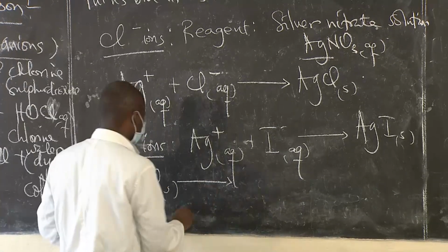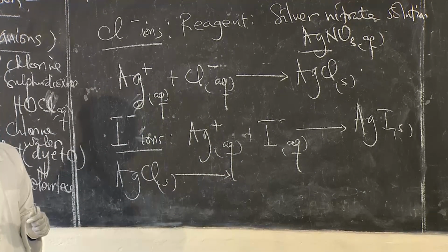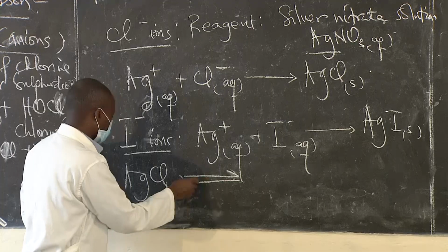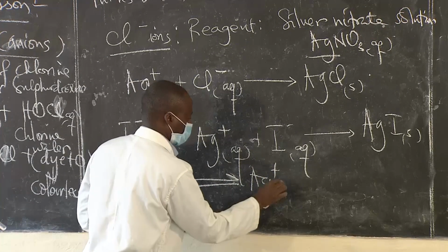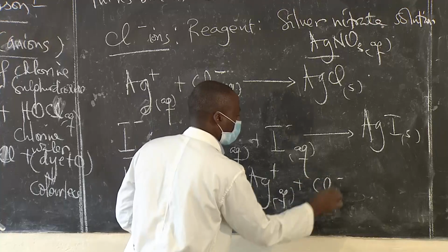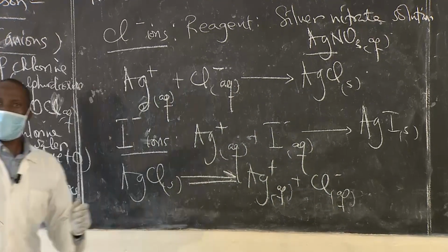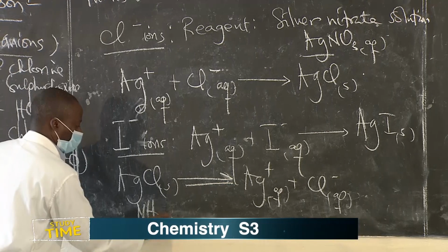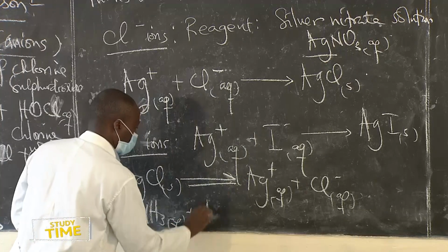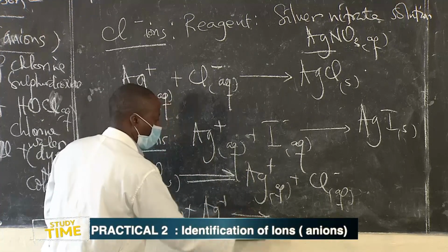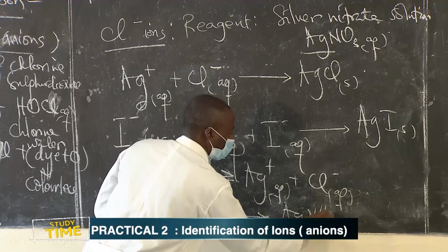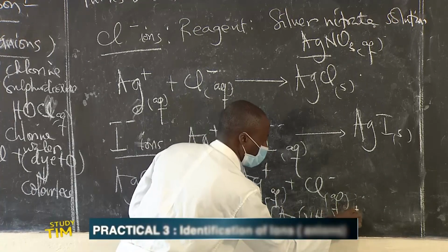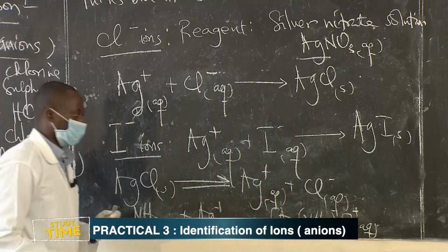Silver chloride is a very sparingly soluble salt, so it exists in equilibrium with the silver ions and the chloride ions. When you add ammonia solution, the ammonia combines with the silver ions and forms diammine silver ions. This is a complex compound.